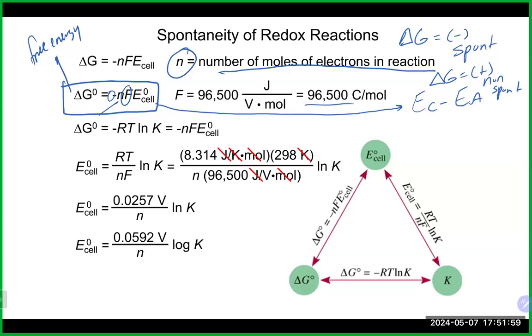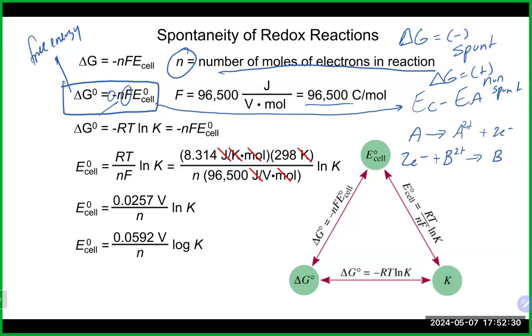Now, really important when you use this equation is the n, and sometimes people mess up on the n, if you will. So if we look at two fake half reactions here, A goes to A2+ plus 2 electrons, and 2 electrons plus B2+ gives us B in this case.